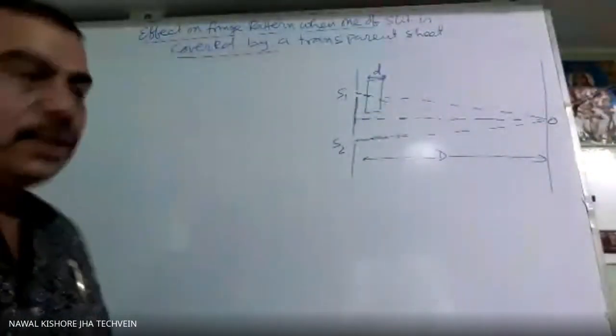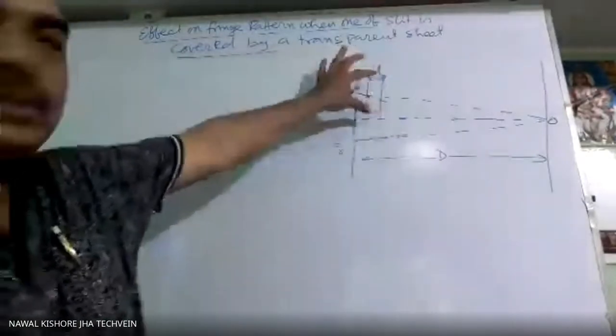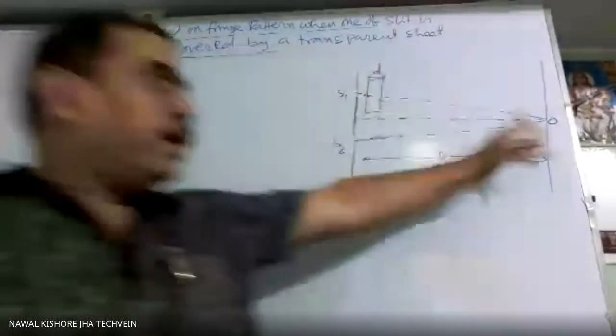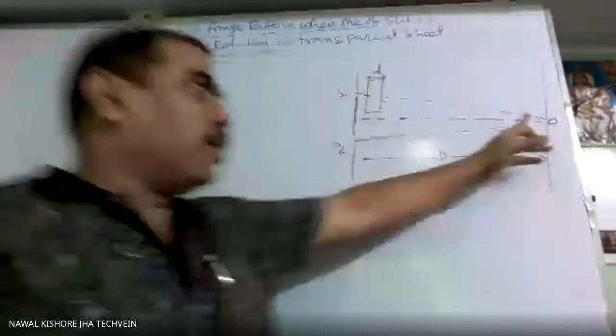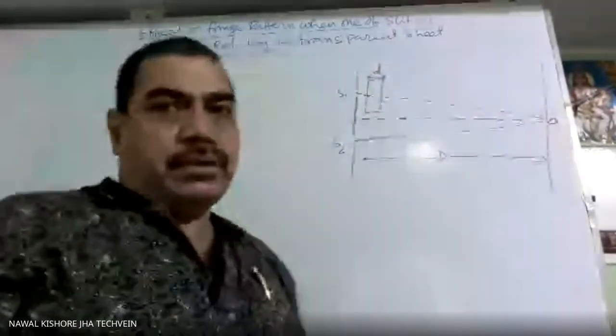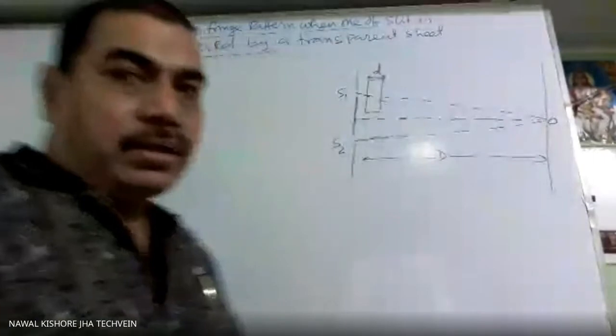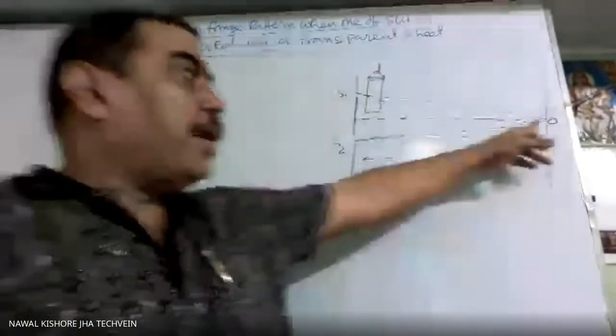Suppose D is the thickness of that sheet. In the absence of this sheet, we were getting bright here. The intensity was maximum here, central bright was there. Why are we getting bright here?